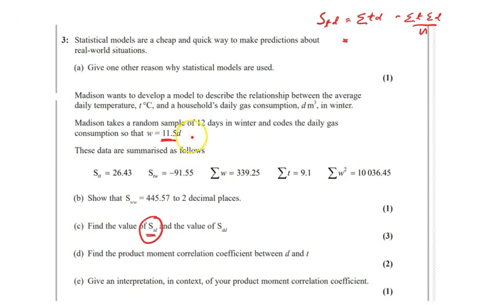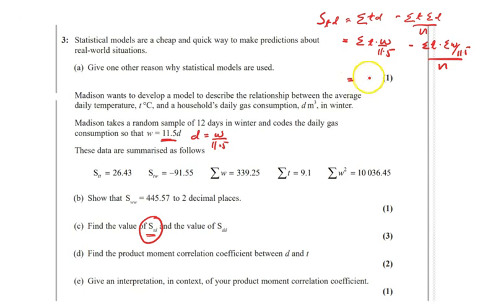That means D is equal to W over 11.5. So this is going to be the summation of T times D, where D is W over 11.5, minus summation of T multiplied by summation of D, but the summation of D is going to be the summation of W over 11.5, all of it over N.